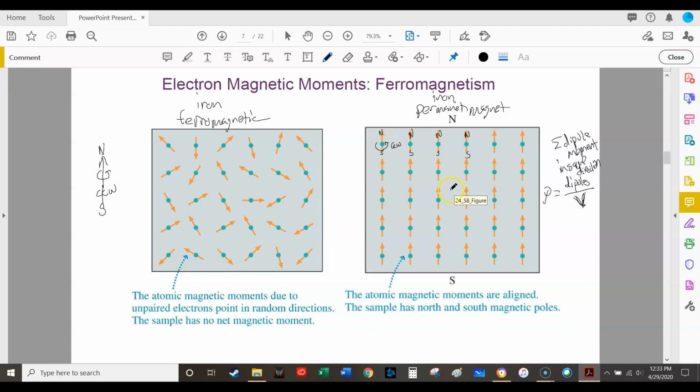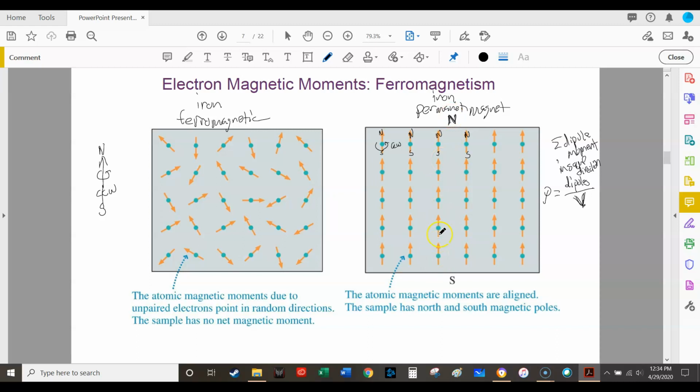So essentially, all of these guys are rotating and spinning in the same direction, okay? And if the top of that spin is north, then that is going to be north.